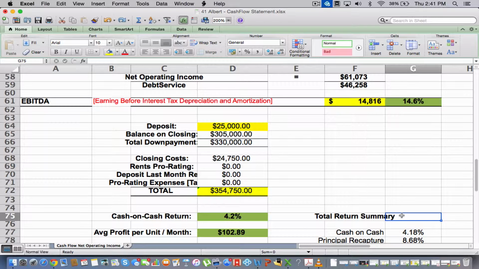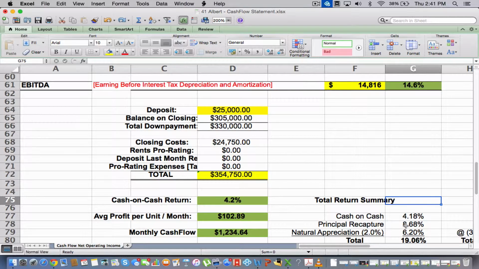In the beginning of your mortgage, you're actually not paying exactly 4%. You're paying a little bit less, and the further you get into the mortgage, the more and more you're getting paid down. But for simplicity's sake, we're assuming we're buying this property for the long term, and on average, over a span of 25 years, you can expect at least 8.7% return, or about 4% of the mortgage paid down each year.